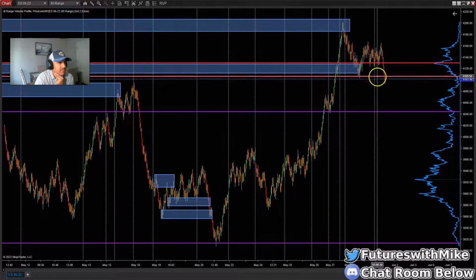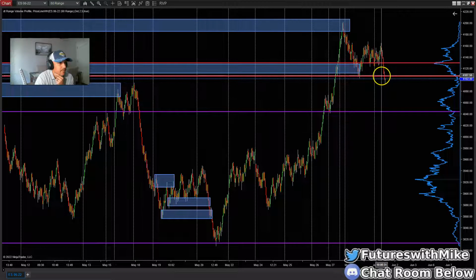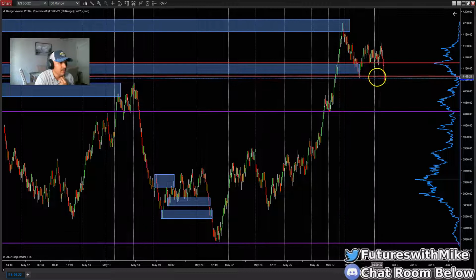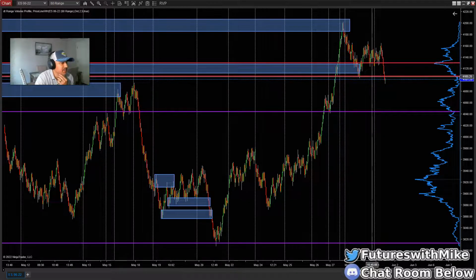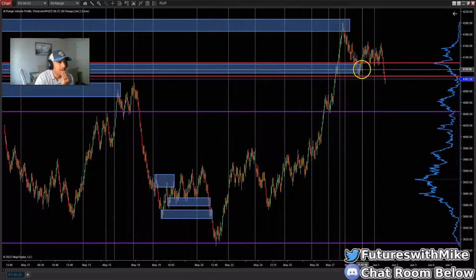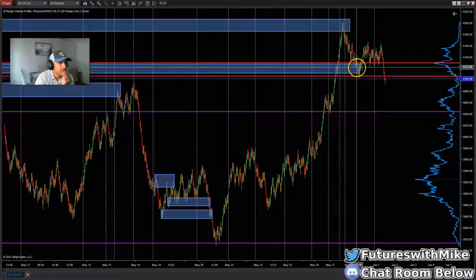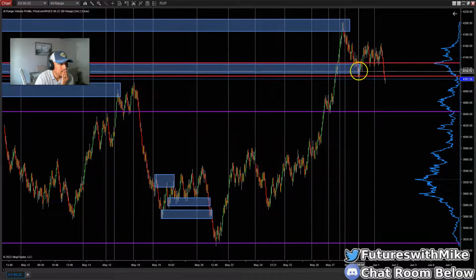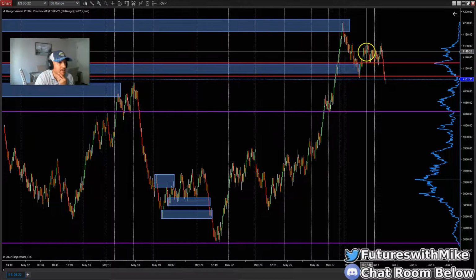Okay, on the 60 range, it's hitting right up against an area of resistance right now. So be careful with that because price can bounce here and push lower. It's hitting up against a major area of resistance. That's off the 60 range chart. Yeah, so we'll see here.